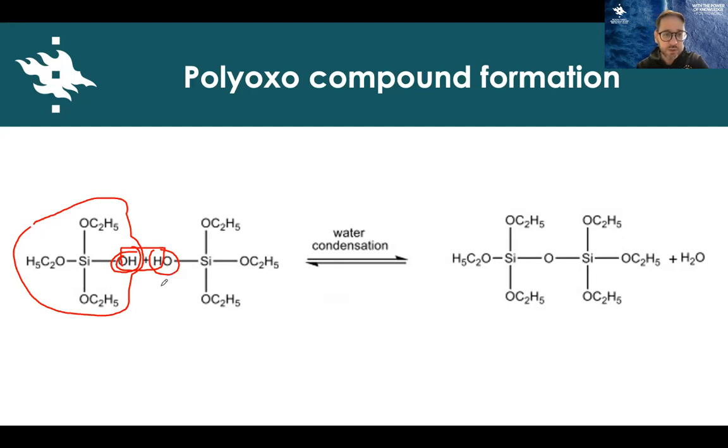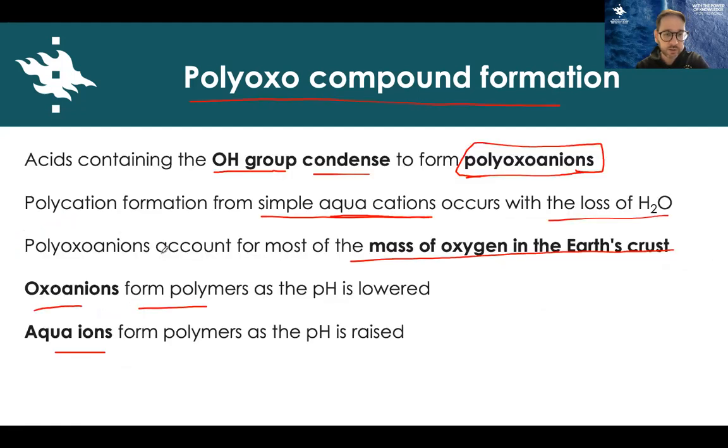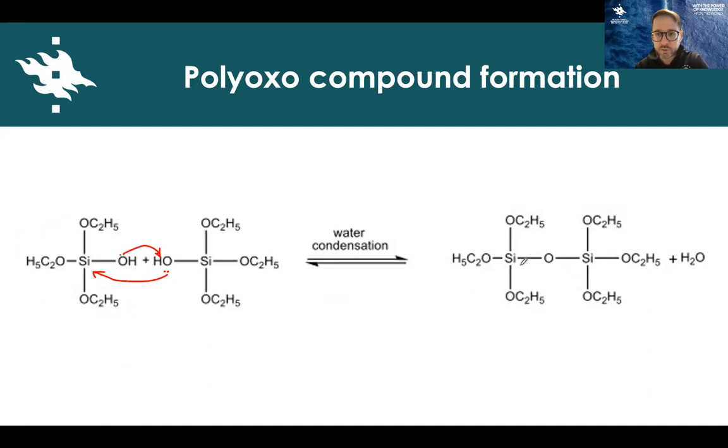The electron pair from this oxygen attacks the metal, and then this oxygen captures this hydrogen. So there is the formation of a bridge bond between the oxygen and the two centers of silicon, together with the elimination of water.